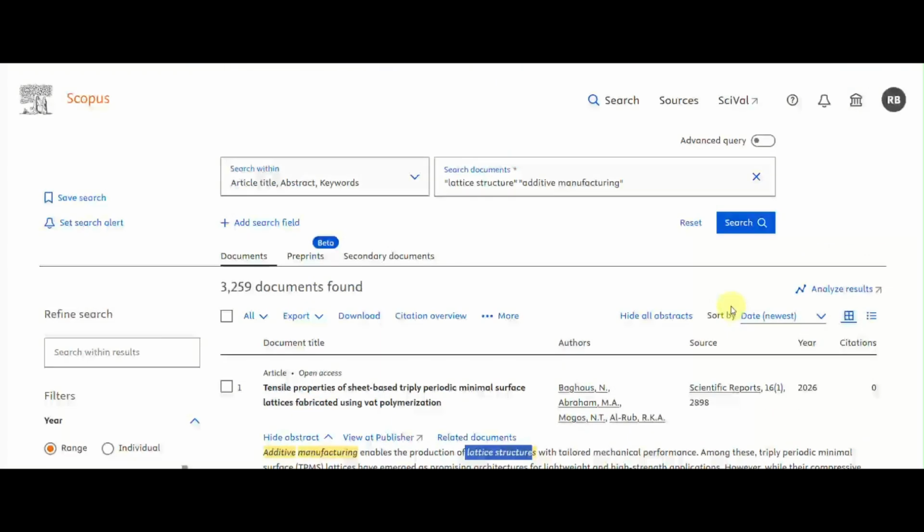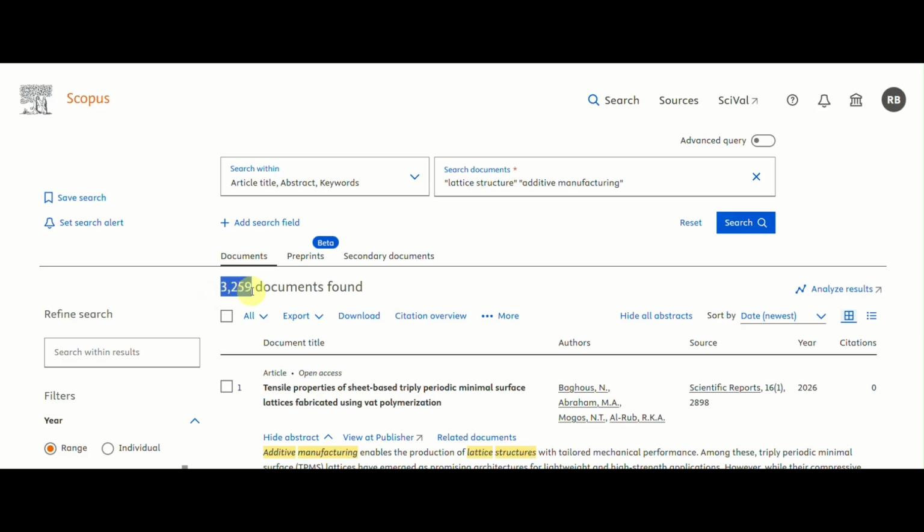Let's see. We must keep in mind that whenever we are considering two different research domains under a broad research area, we must use Boolean operations. Boolean operations mean that when we use two different domains, we want research articles that contain both keywords.